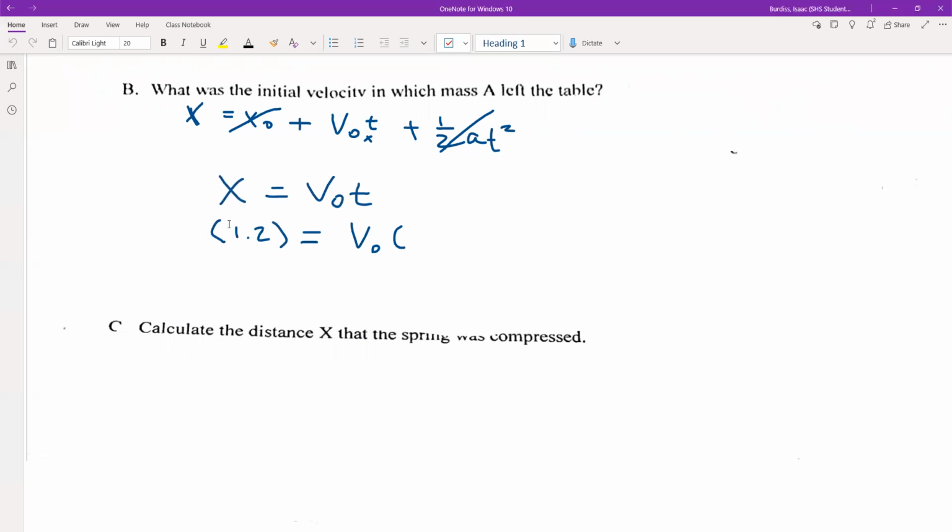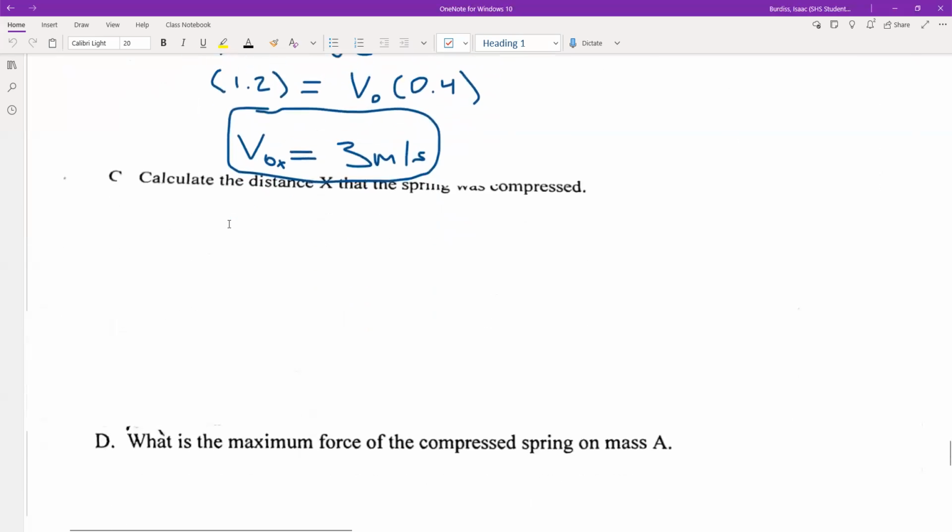That's what I was talking about. If you got the last answer wrong, you would get this wrong too. So the initial velocity is 3 meters per second. And in the x, that's something important to know, because in the y, it's 0.